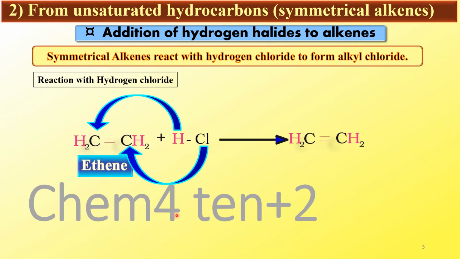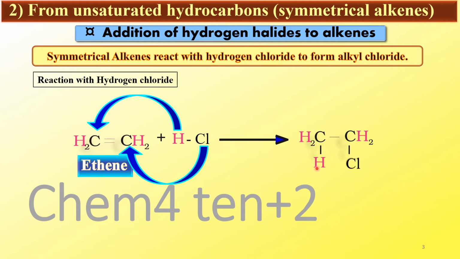And the reaction proceeds in such a way that the double bond present in the alkene breaks and the addition of H and Cl is found in this way.